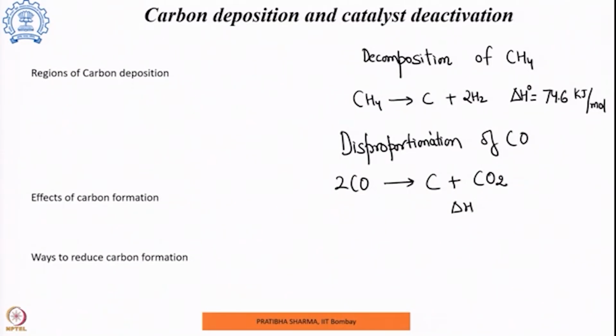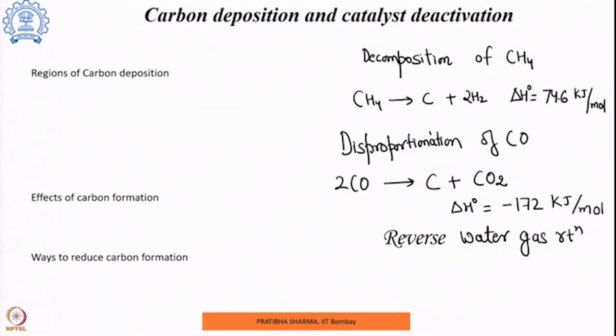Delta H, corresponding delta H for this reaction is, that can also result in coke formation.